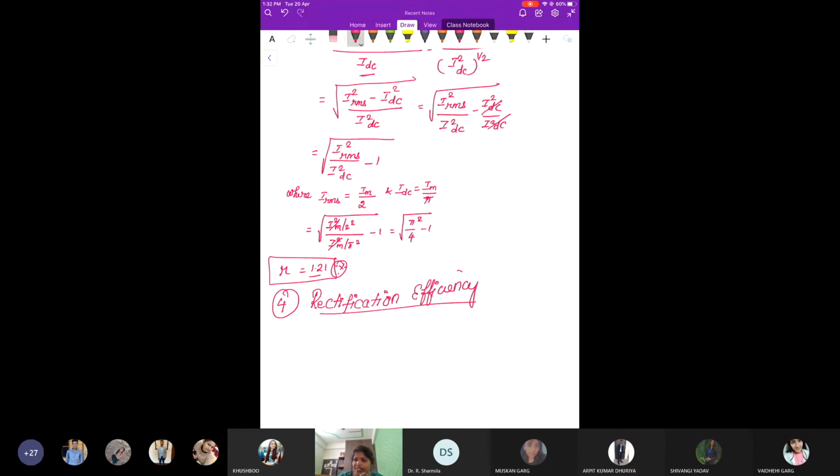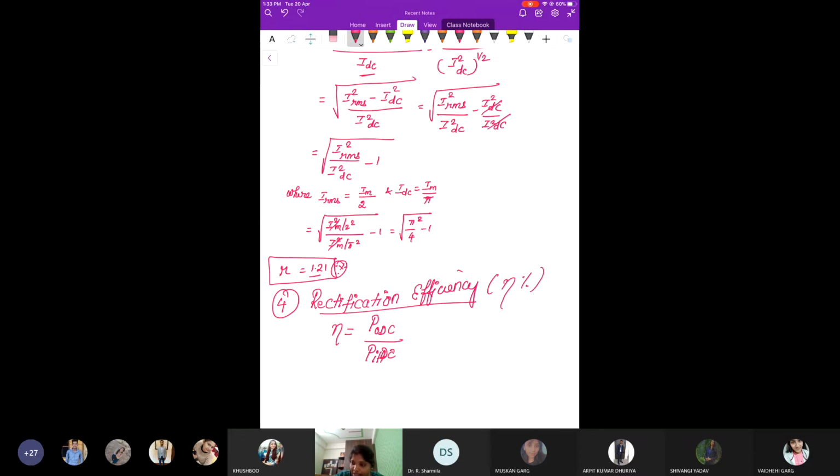Next we are going to measure the rectification efficiency value. Efficiency we represent in terms of percentage. The rectification efficiency is denoted by the symbol eta R. It is the ratio of output DC power divided by input AC power.